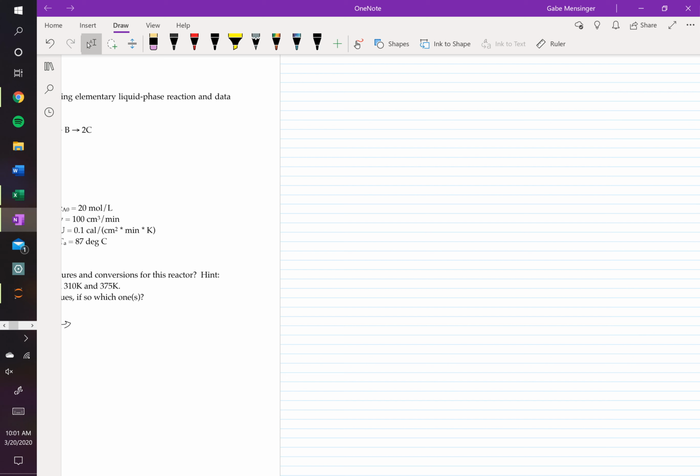When we're doing a mass balance on a reactor, the best place to start is the design equation. V over minus RA.